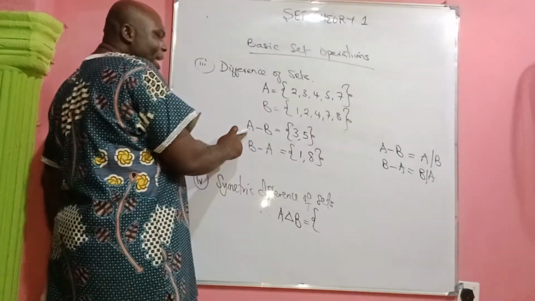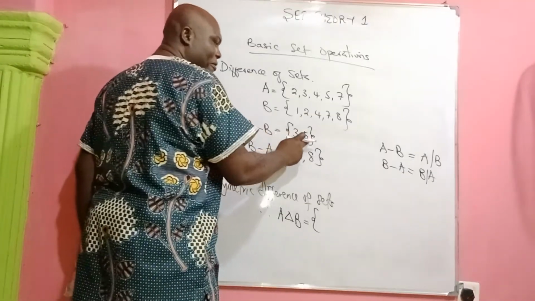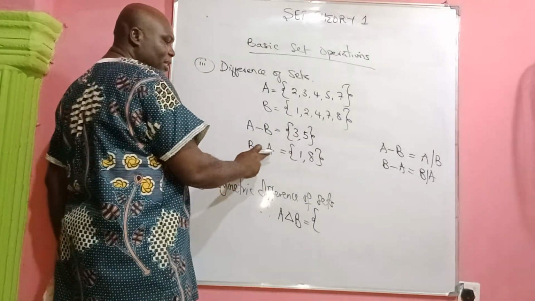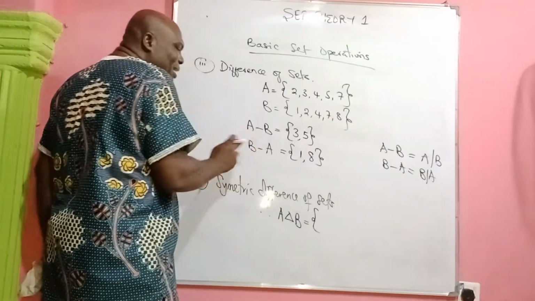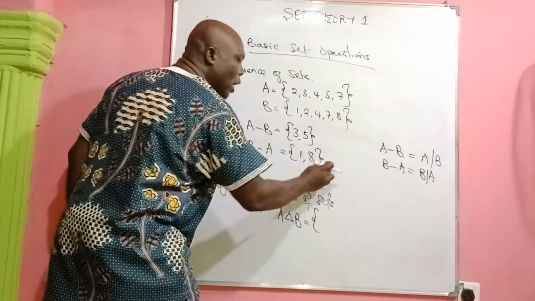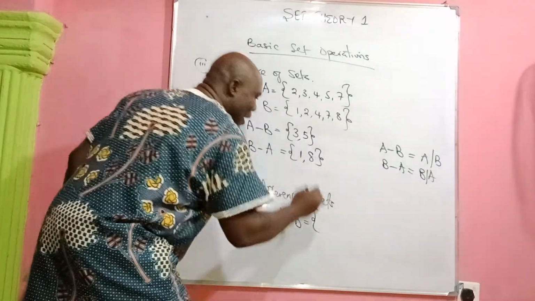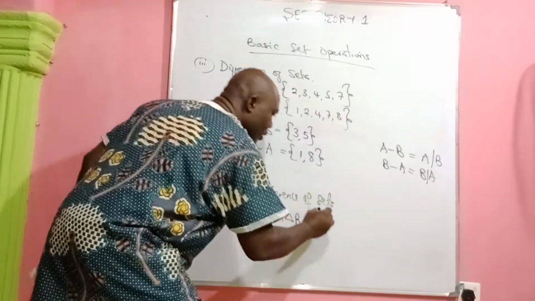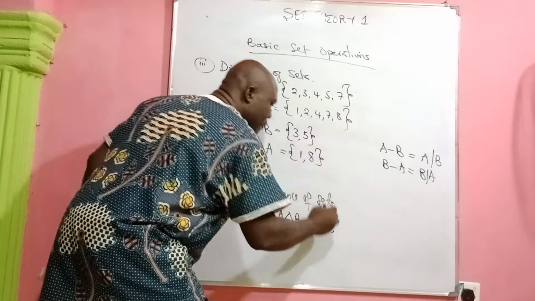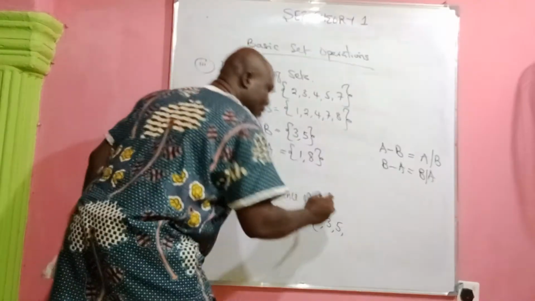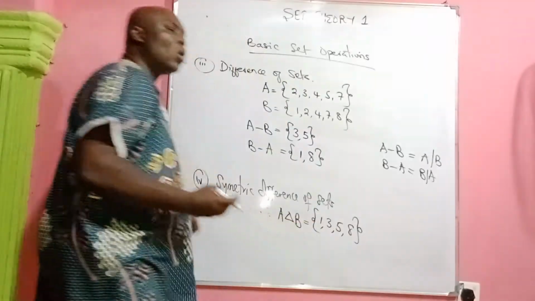Where you have A difference B, you had 3 and 5. Where you had B difference A, you had 1 and 8. So the symmetric difference of A and B means you join the two solutions. So that will be 1, 3, 5, and then 8. So that's what we call symmetric difference.